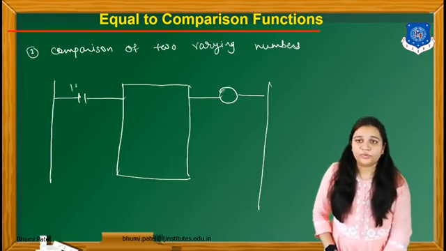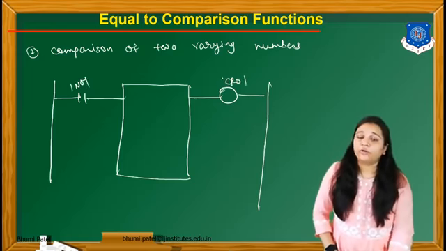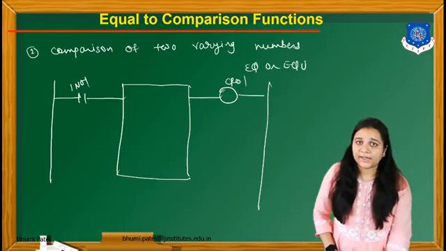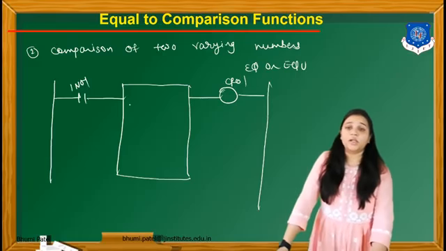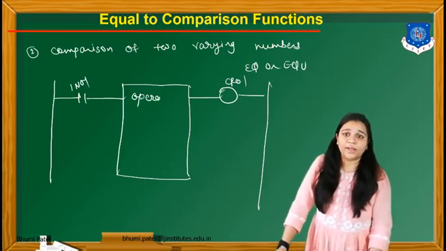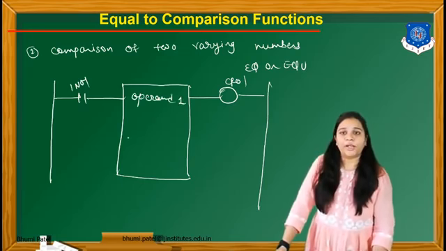This is my input signal, this is my output signal. To compare two varying numbers, we use the EQ or EQU direct command for the comparison function. In the block format you must write down operand 1 and operand 2.